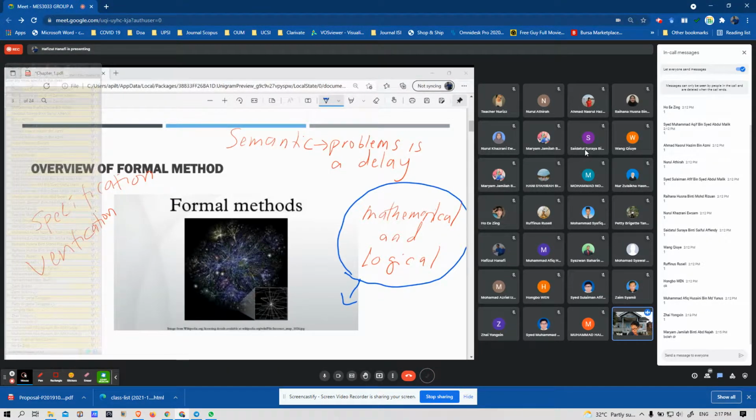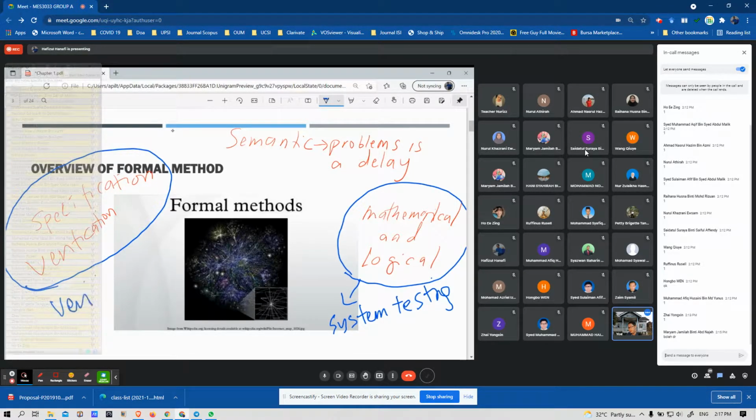Basically we are using system testing to ensure the system behavior. And then to ensure the system behavior, we need system verification. We need to verify the methods.